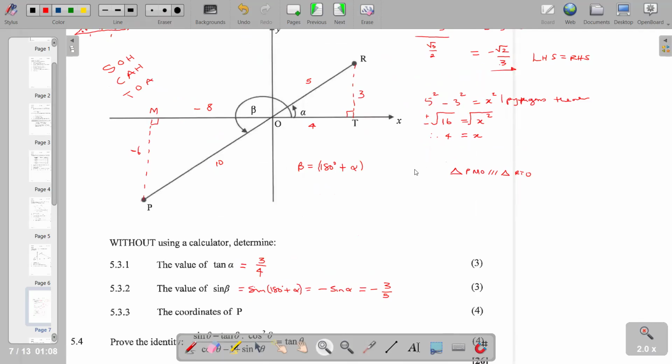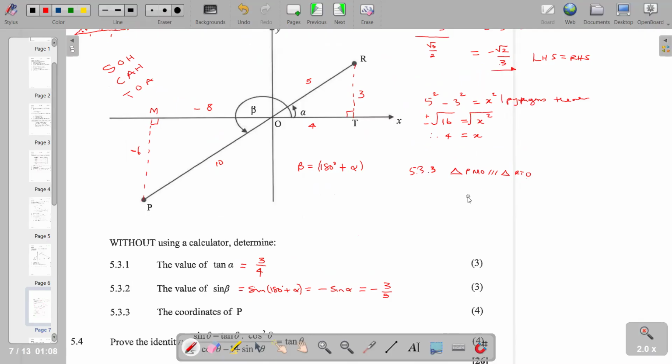This is question 5.3.3. So if those two are similar, why are we saying those two triangles are similar?